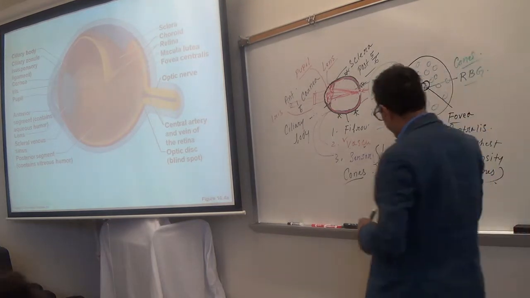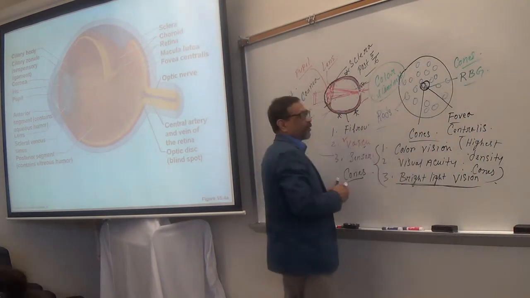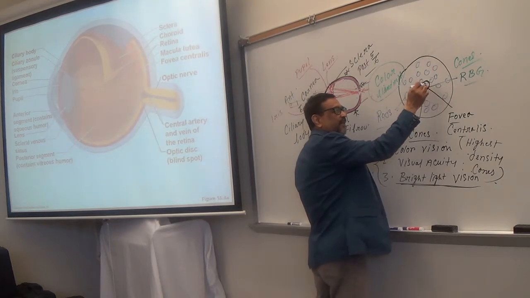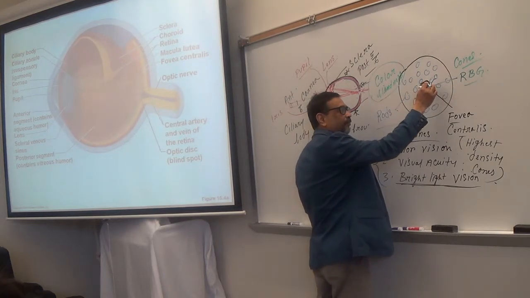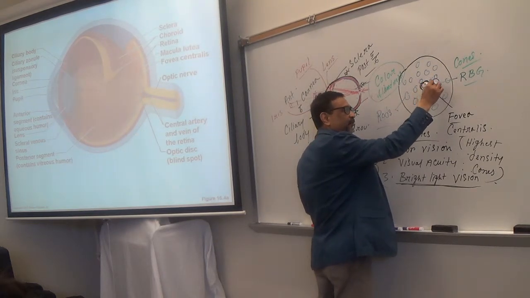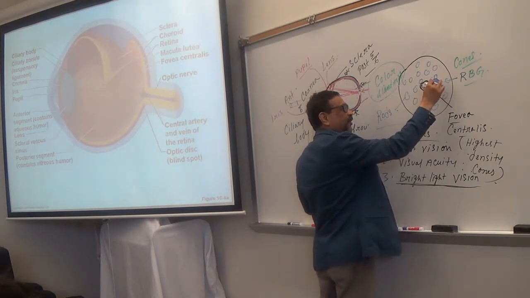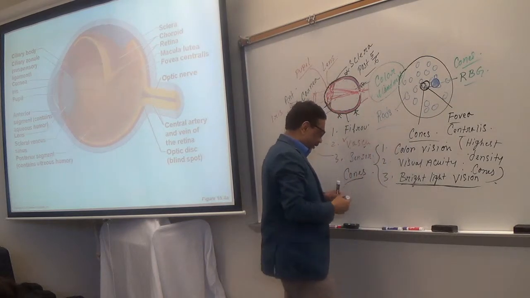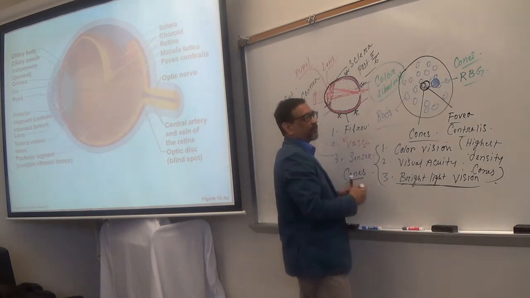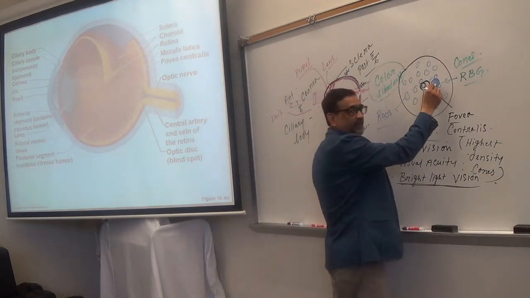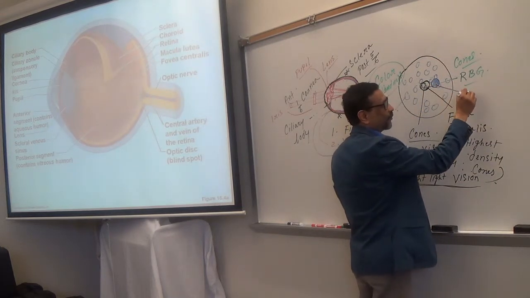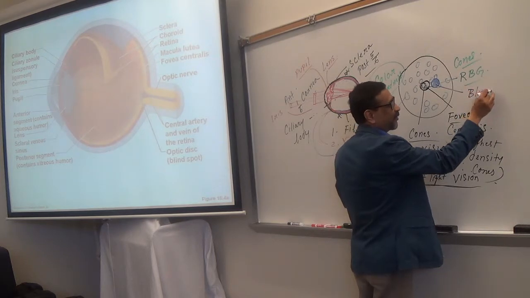Now, there is another structure in the retina which is a little bit off from the center. Here. This part has no rods and cones. And this part is called what? Have you heard this?